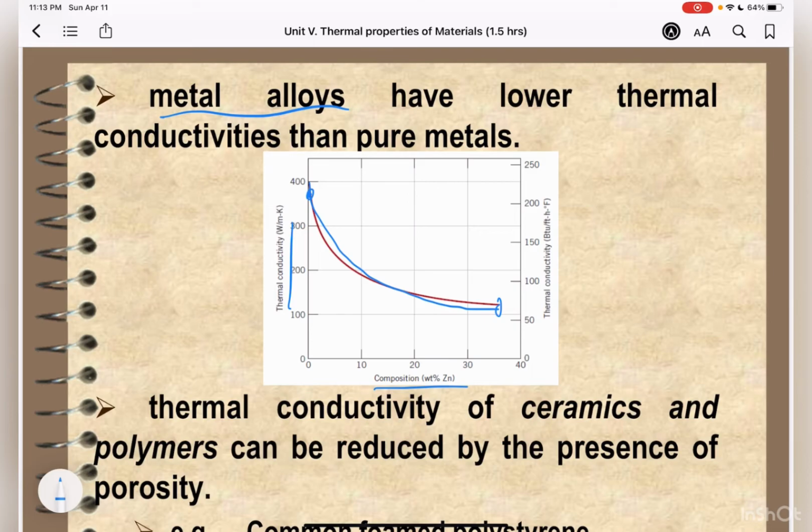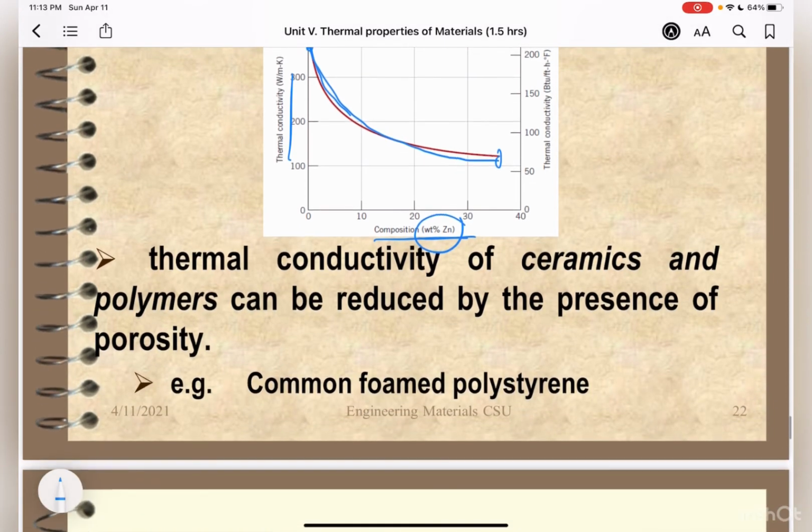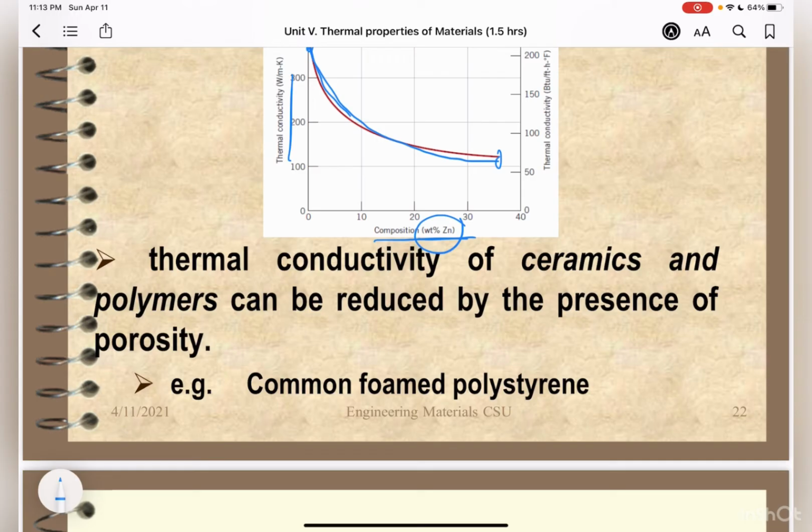But as you increase the weight percent of zinc, you have a lower conductivity. So the thermal conductivity of ceramics and polymers can be reduced by the presence of porosity or pores, because they contain still air.